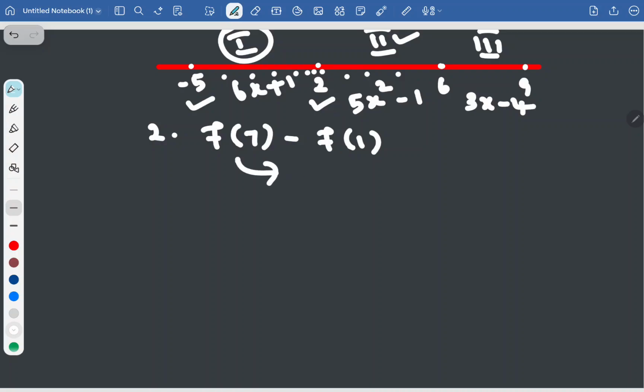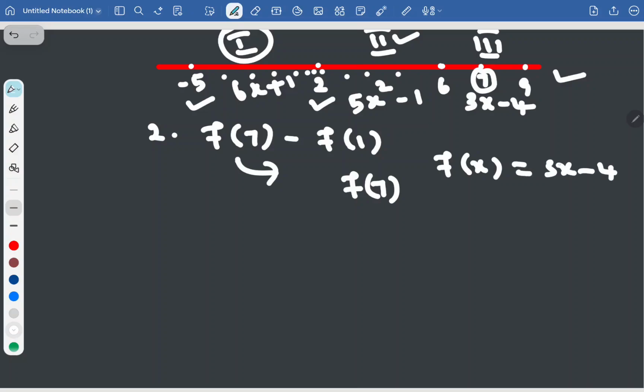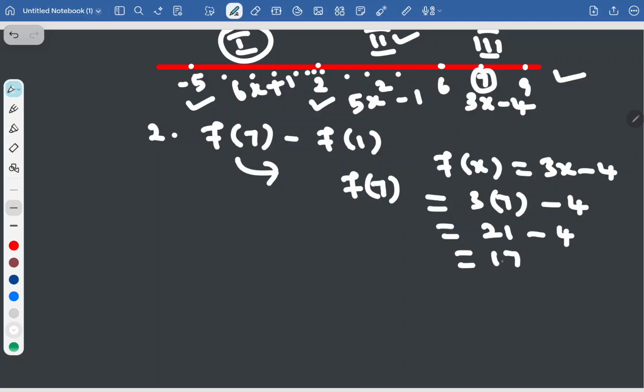For f of 7, 7 lies between 6 and 9, therefore third interval. For f of 7, what is f of x? 3x minus 4. Find f of 7. 3 into 7 minus 4, 21 minus 4, 17.